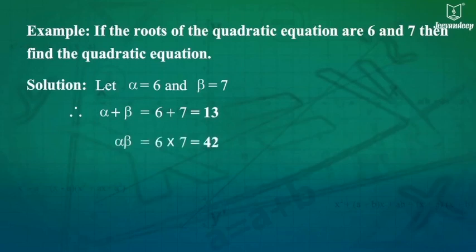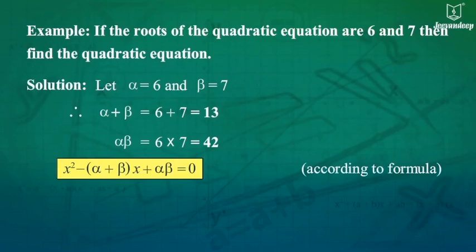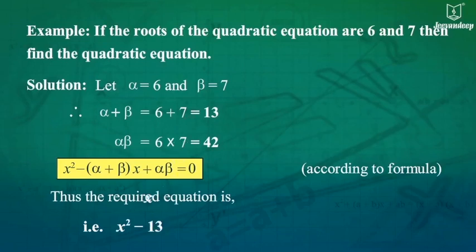And alpha into beta is equal to 6 into 7 is equal to 42. As a quadratic equation is given by x square minus (alpha plus beta) x plus alpha beta is equal to 0. Thus, the required equation is x square minus 13x plus 42 equals to 0.